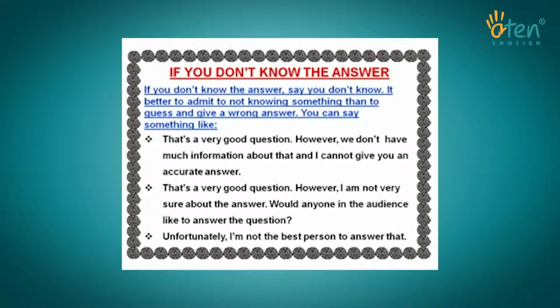If you don't know the answer, you should admit that you don't know. It is better to admit not knowing something than to guess and give a wrong answer. You could say something like, "That's a very good question. However, we don't have much information about that, and I cannot give you an accurate answer."